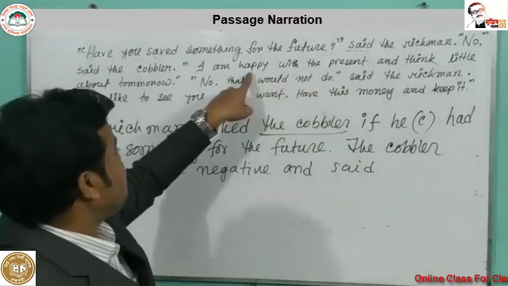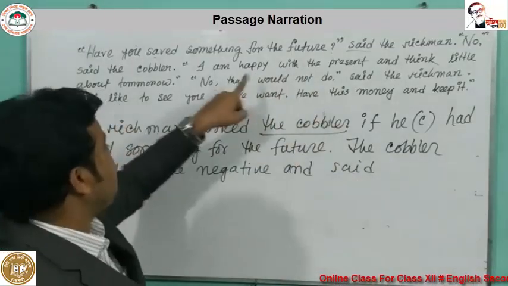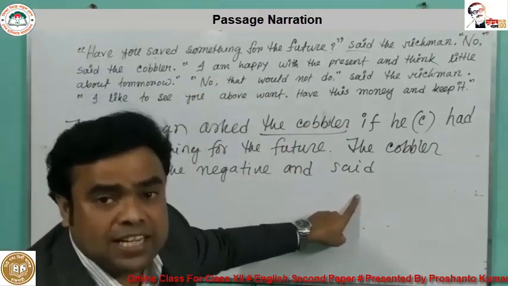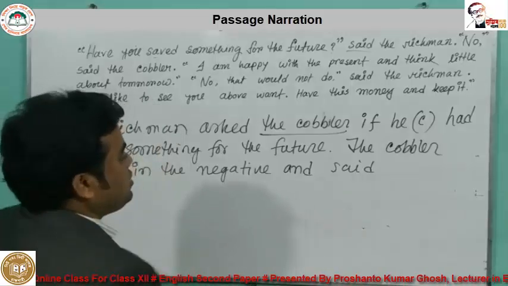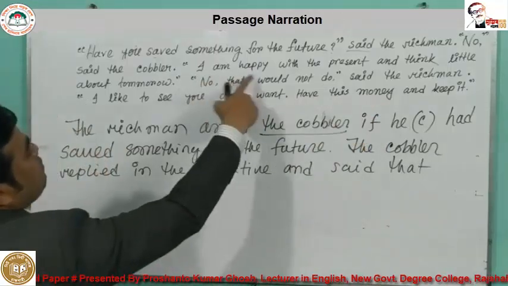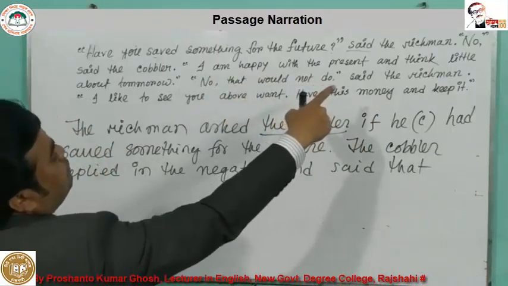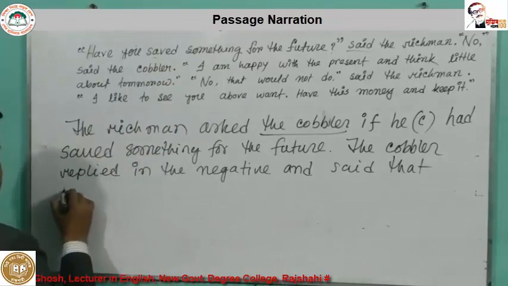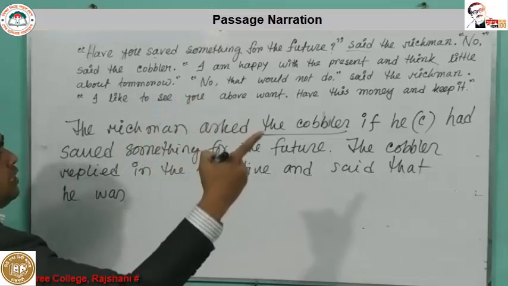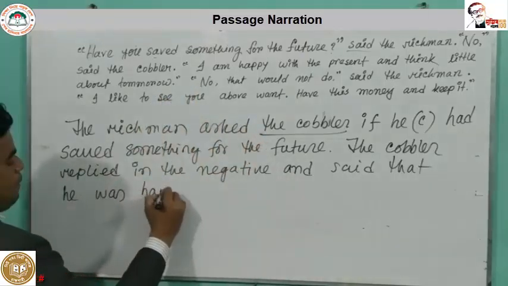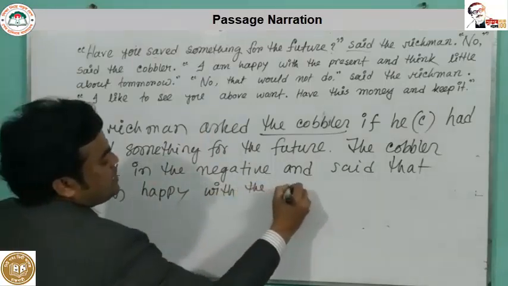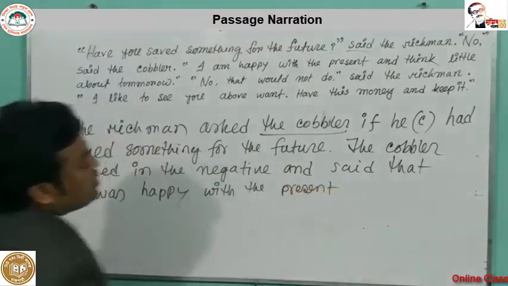If it is an assertive sentence, you have to use said that. If it is an interrogative sentence, asked that. If it is an imperative sentence, requested or advised or told, etc. And said that I am happy with the present. I will be changed: am will be past indefinite, was happy with the present.